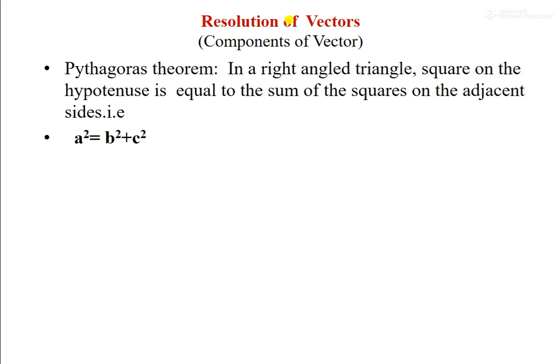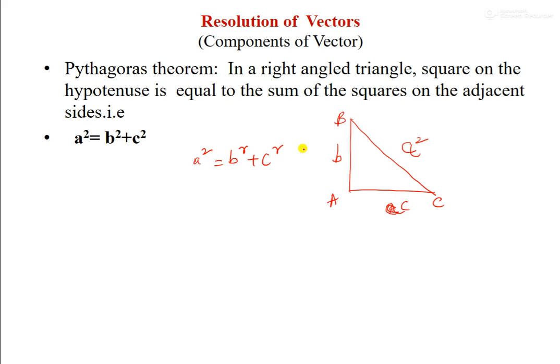Suppose there is a right angle triangle ABC, with sides A, B and C. Then A square is equal to B square plus C square. This is what you are saying in your Pythagoras theorem.